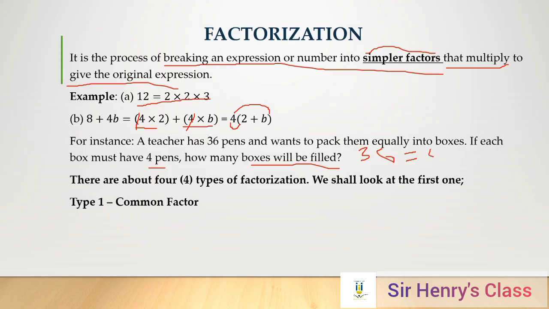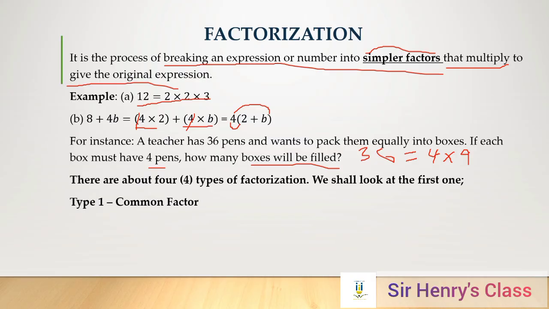So this clearly means 4 in each box times a certain number of boxes is going to give us all the 36, and clearly it is what? 9. So 36 can be represented as 4 times 9.